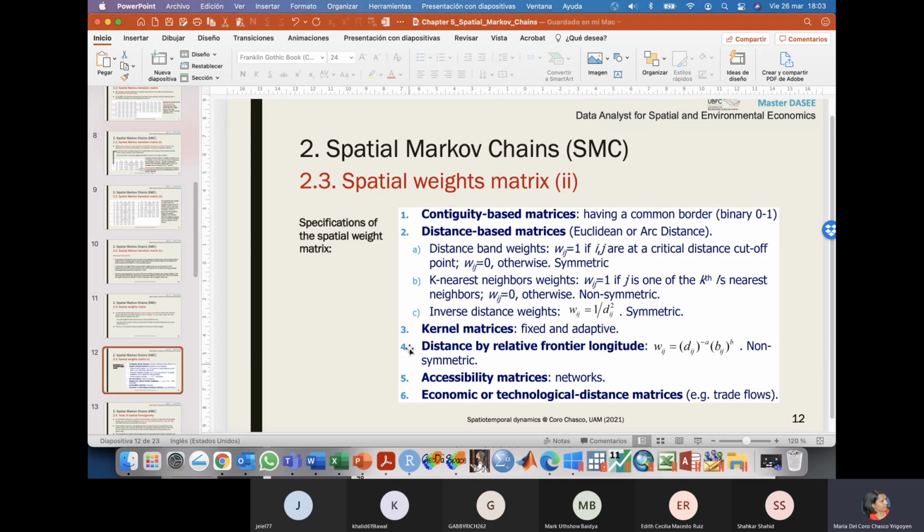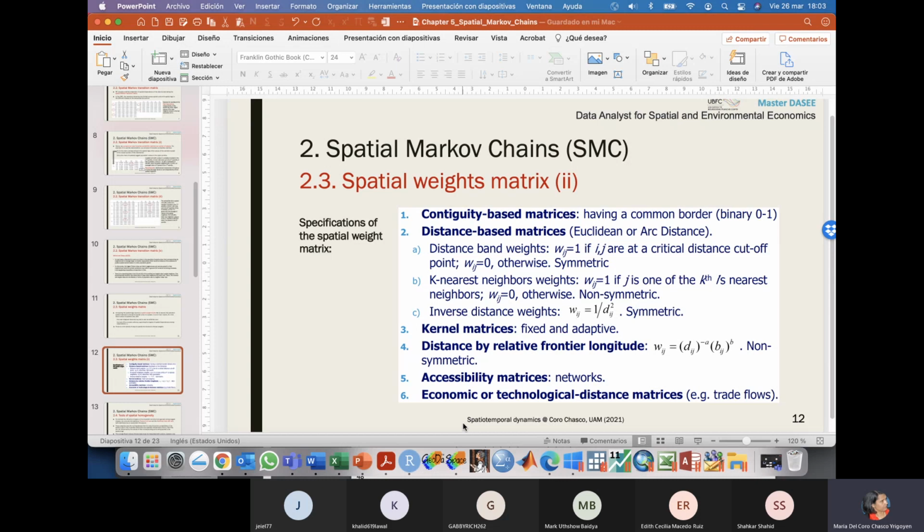But of course, if you don't need to use, okay, pay attention, if you don't need to use the spatial weight matrix in models, in econometric models with a dependent variable, a y variable, x's, and an error term, as is normal, as is the case here with the Markov chains, maybe it could be interesting to try these economic-based distance matrices.